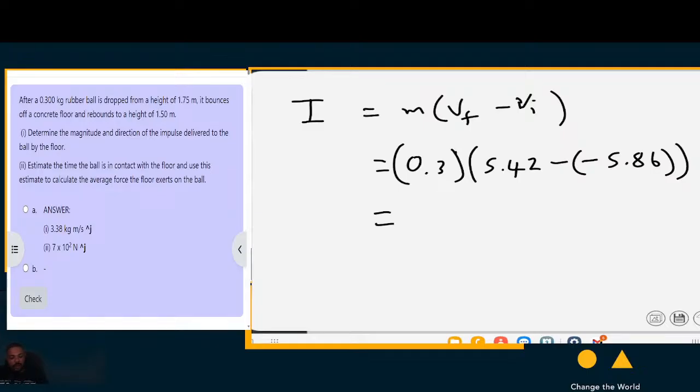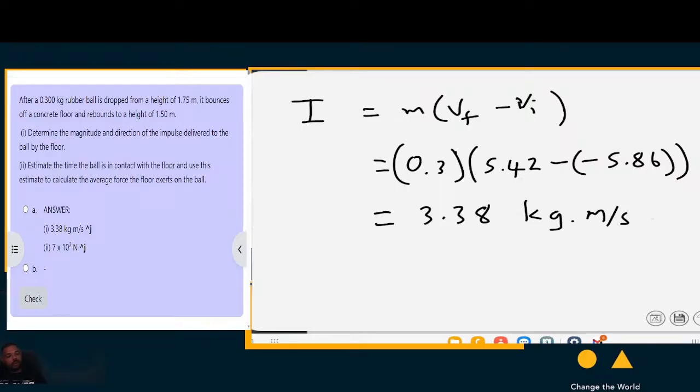That's about 11.2 or something. 0.3 of 11, so that's 3,33 something. In actual fact, it's 3,38 kilogram meters per second.